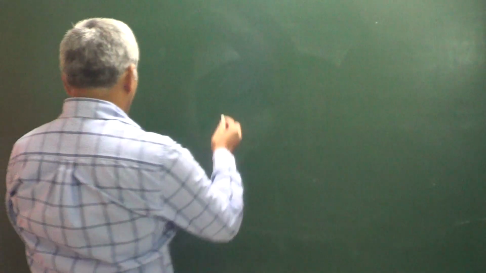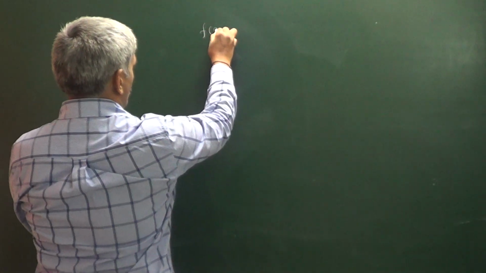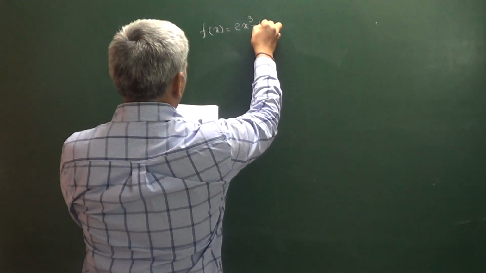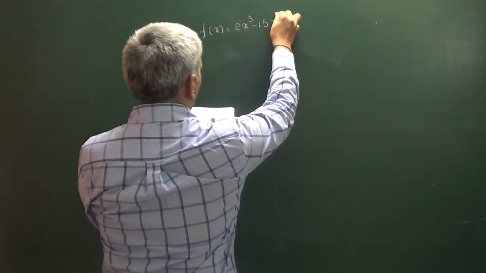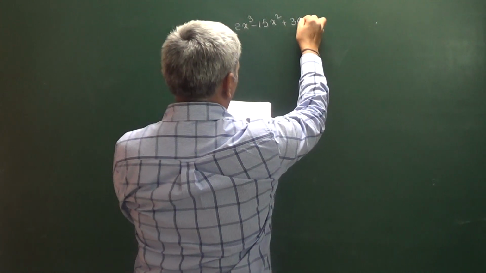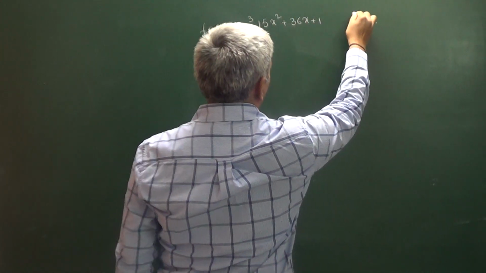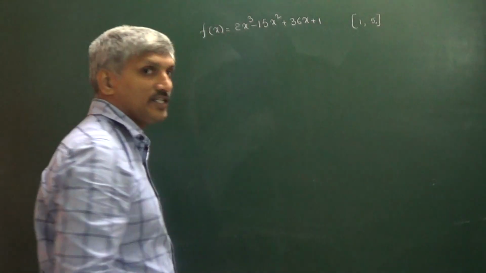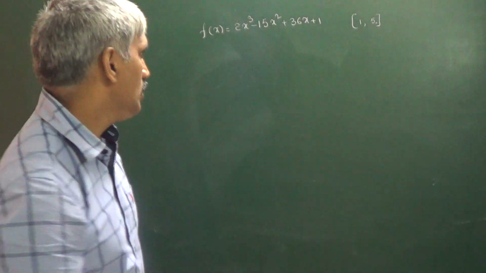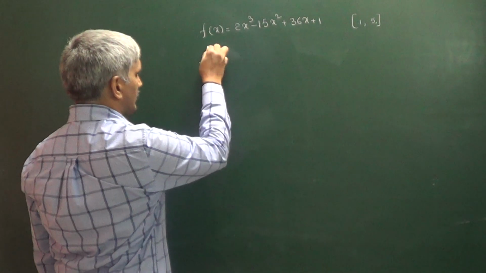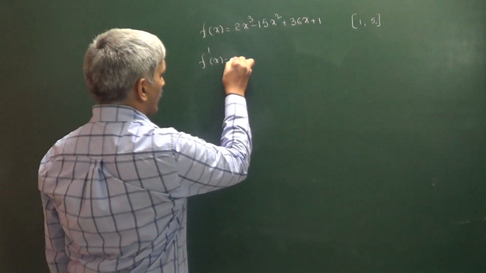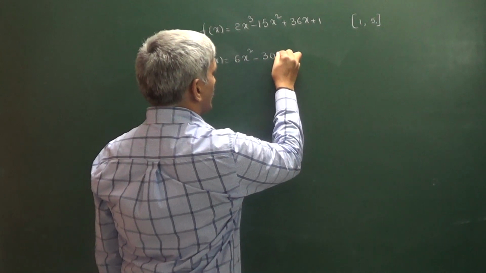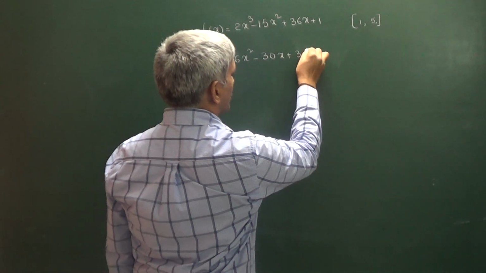So the question is given like this: f of x is equal to 2x cube minus 15x square plus 36x plus 1 in closed interval 1 comma 5. He is asking to find the maximum and minimum value. Now find out f dash of x. f dash of x is equal to 6x square minus 30x plus 36.